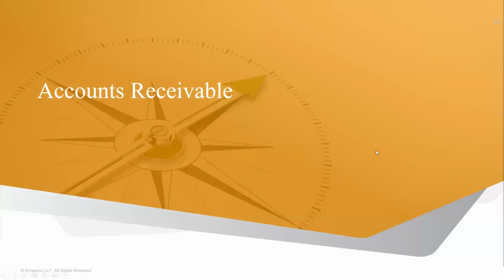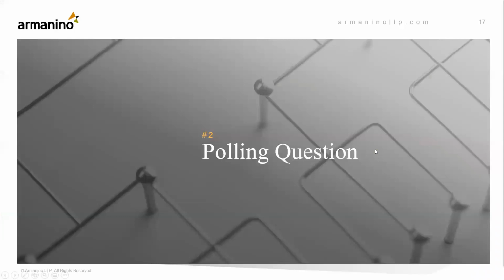All right, accounts receivable. Ready for it? Next polling question, Kim. How are you currently handling following up on outstanding AR? We use Sage Intacct Collections. We use a third-party product. We pull an aging and manually follow up. Or we never have AR collection issues.